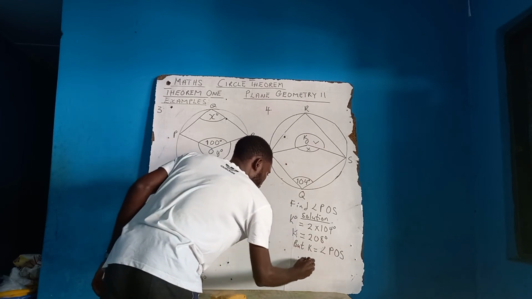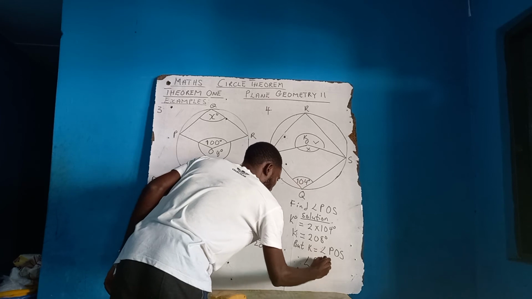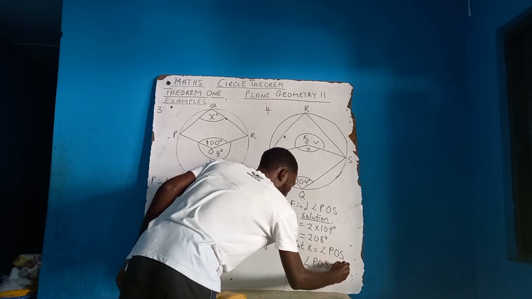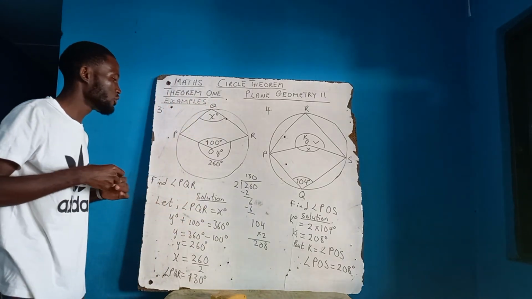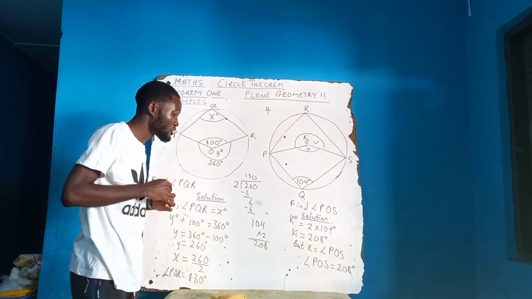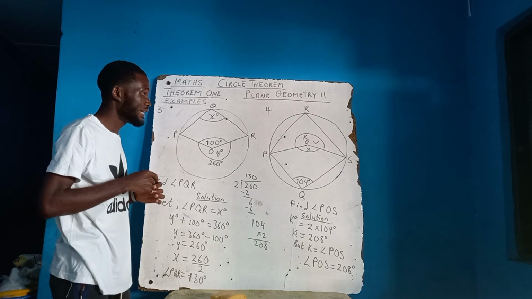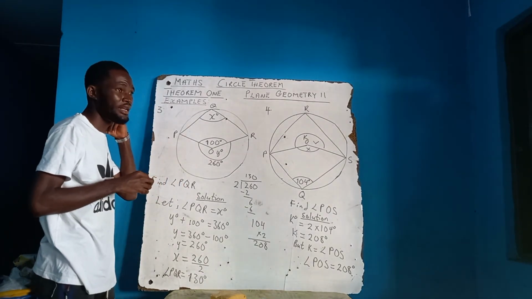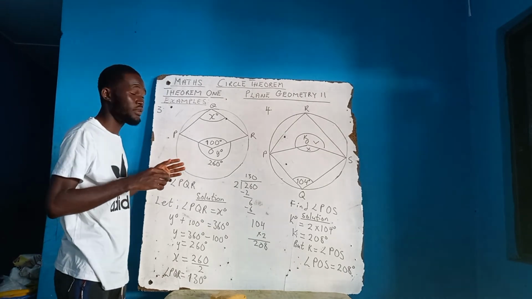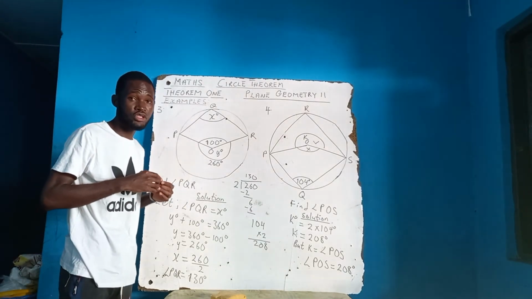So therefore, angle POS gives us what? 208 degrees. Our angle POS translates to give us what? 208 degrees.